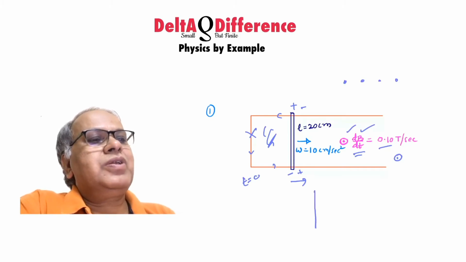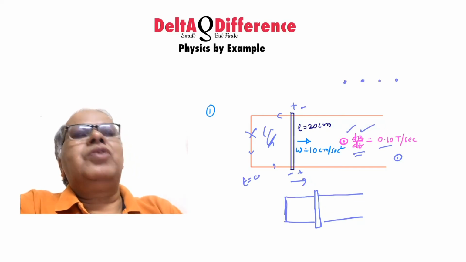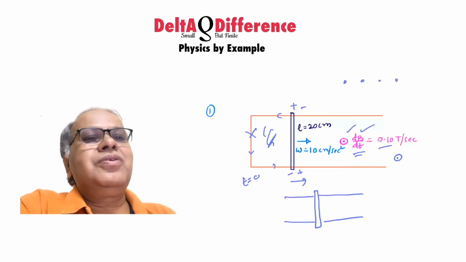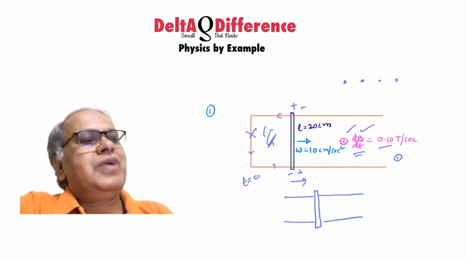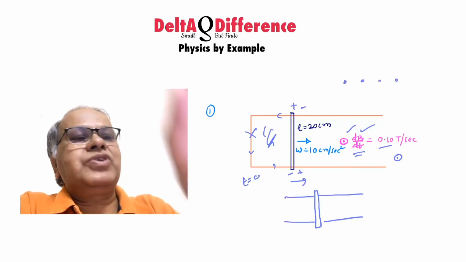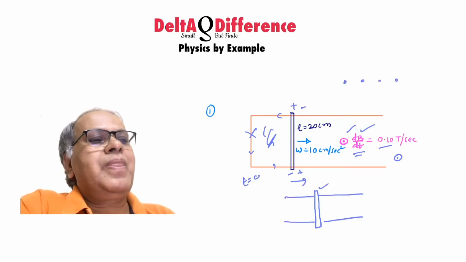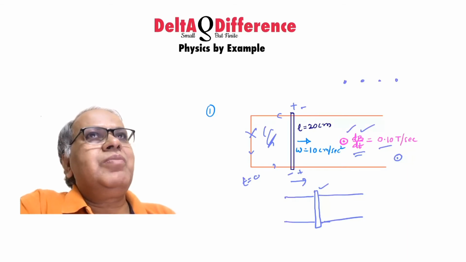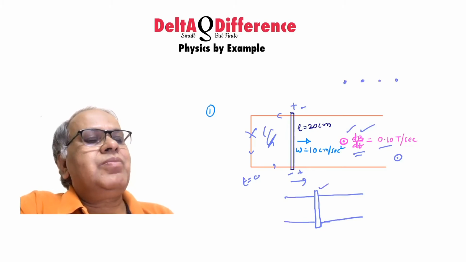Let me tell you more clearly. In this case, of course, this pi-shaped conductor is connecting the two sides, but here I will not connect. So it doesn't mean that now there is no EMF induced. In fact, this particular EMF, which we call motional EMF, we'll talk about this later, when rods move across a magnetic field to cut through the lines of force, not move in between the lines, but actually cut through the lines of force.